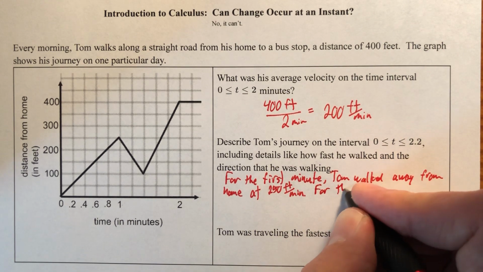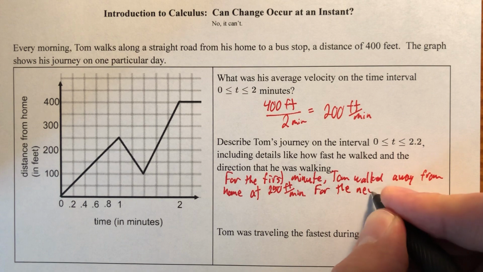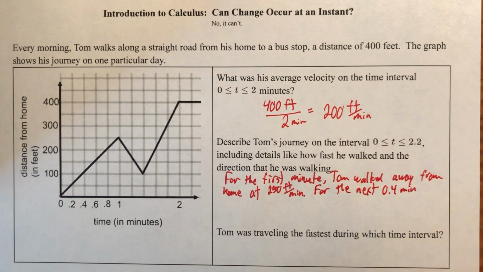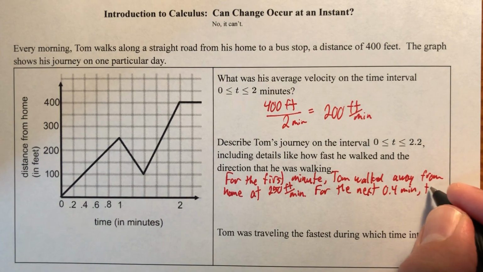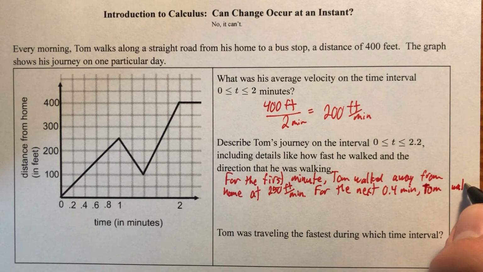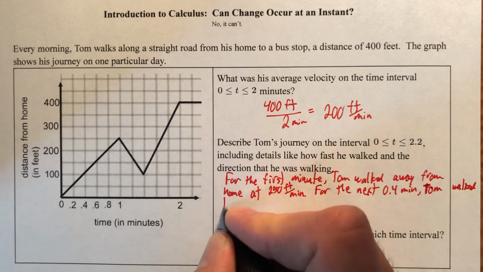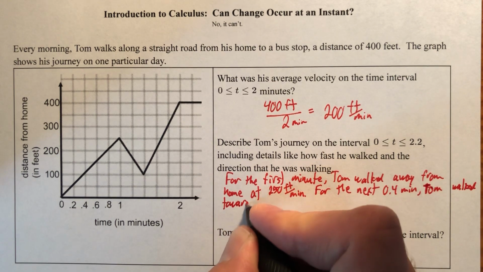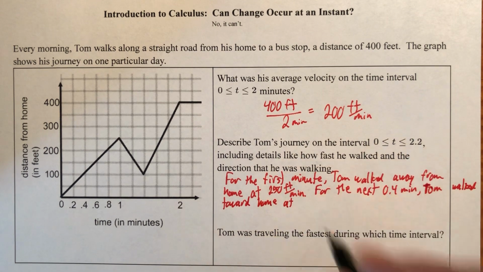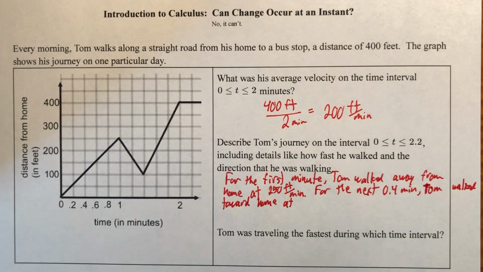For the next 0.4 minutes, we can convert that into seconds if we want, let's not. Tom, all of a sudden he's lowercase, he became less important, I don't know, walked toward home. Now what's his speed?